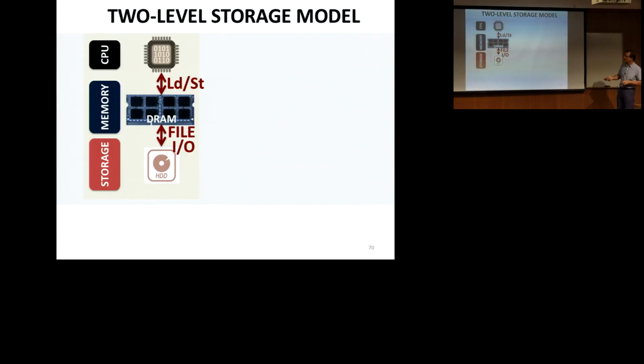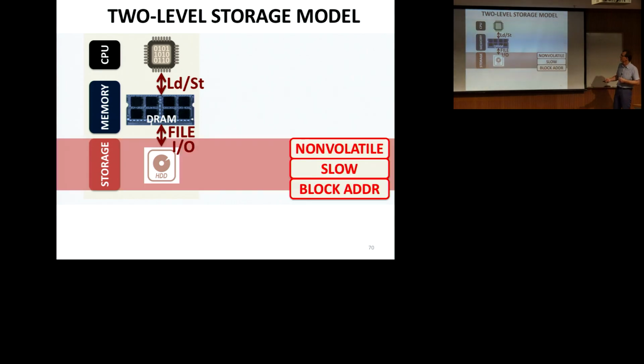So basically, if you look at modern systems, we have a two-level storage model. DRAM is volatile, and it's directly exposed to the programming language through loads and stores. And the second level of storage is really persistent. And you access it with a completely different interface, right, with file I/O.